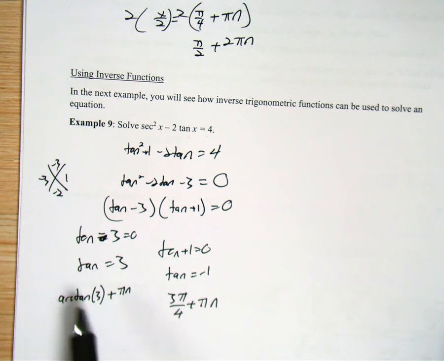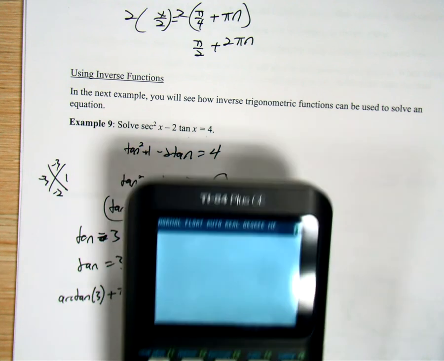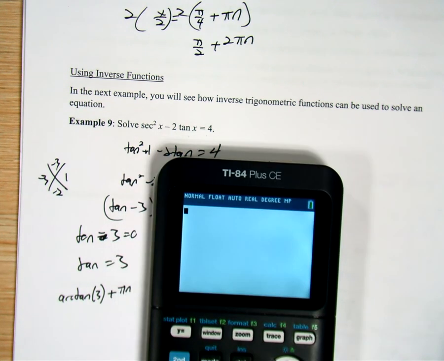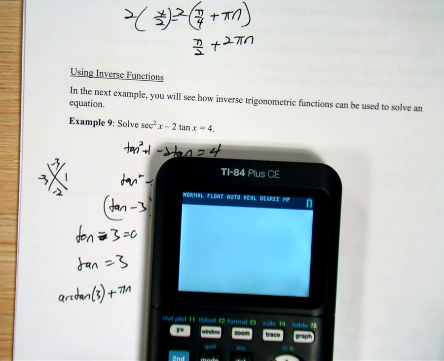Like I said, that one's a little bit out there. It's just because it wants an exact answer. If you did tan inverse of 3, it's not going to be a very pretty number. Plus, we're also talking radians, so it's also not going to be very pretty there. Let's just look at it in degrees, because that might be a little bit easier to figure out and then transfer into radians.